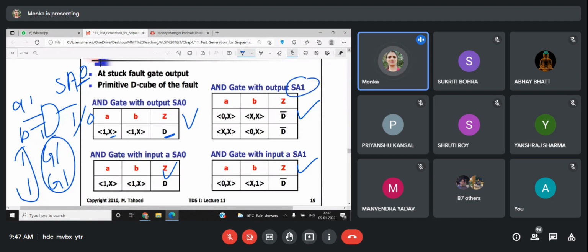When the output is stuck at 1, your job is to push the output to 0. So you can push the output to 0 if any one of the inputs is 0. So make either this 0 or this 0, meaning G0. At least one of these should be G0 so that you can push it to 0. Right? So what will be the output? You are pushing that to 0 but the faulty value is 1. So D dash is your output.